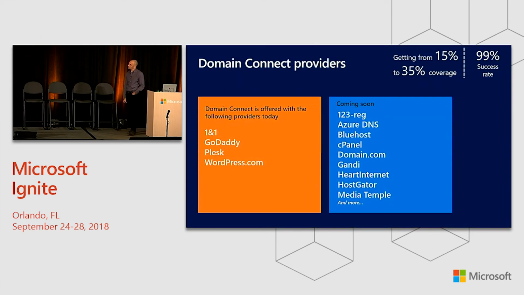So the orange box is the registrars that I would say we recommend today, and it's because it's going to give you the best experience with Microsoft 365 when you try to add a domain. These are the ones that support automation today. If you look at the blue box, that's the ones that are coming very, very soon.